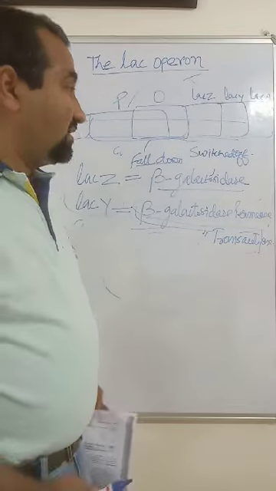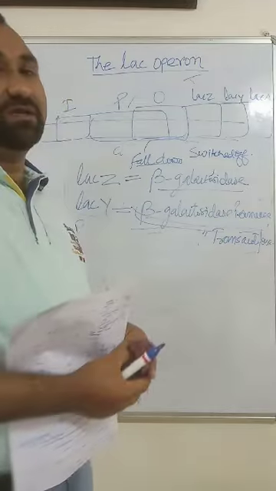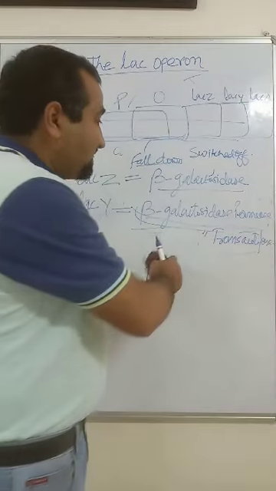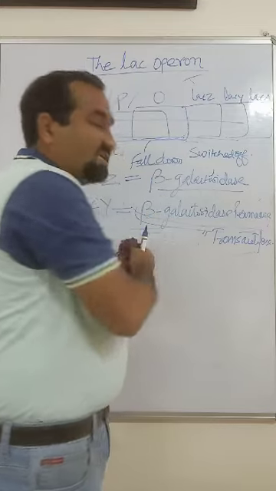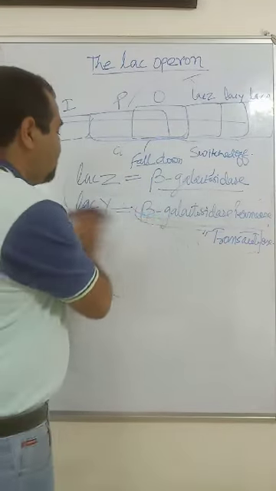So this is the reason that even if lactose is absent, there is a minimum concentration of availability of these enzymes in the bacterial cell.